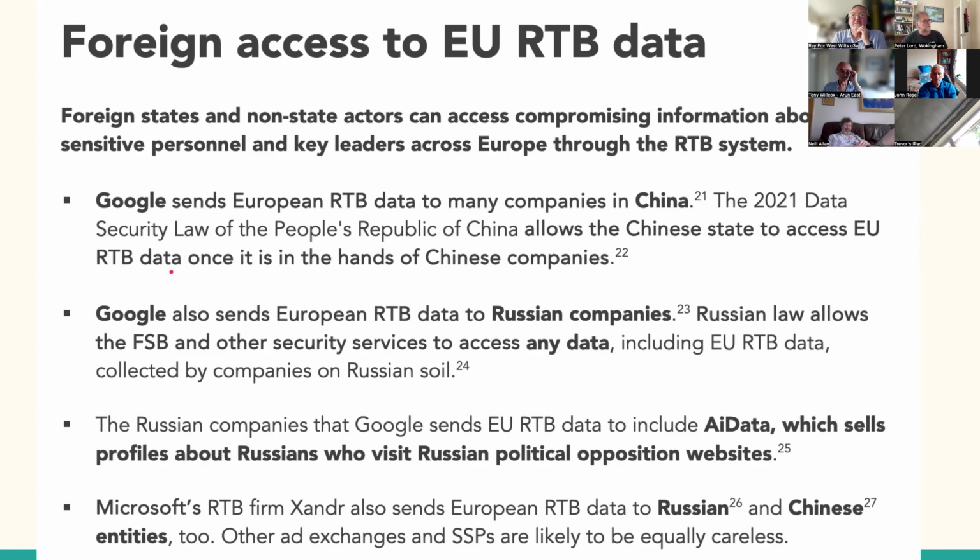And Google also sends European real-time bidding data to Russian companies. Again, this might not be quite up to date. This is maybe 2 or 3 years old. Probably predates the Ukrainian war.